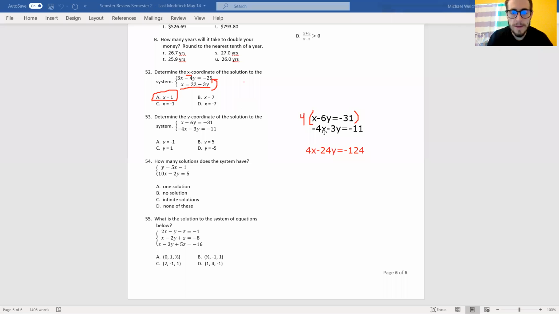So what was the point of that? Well, now this new equation and this original equation can be added. This is called linear combination. You're adding the equations of two lines together, and the x values cancel. Because the x values cancel, I can now simplify the rest. Negative 3 plus negative 24 is negative 27y, and negative 11 plus negative 124 is negative 135.